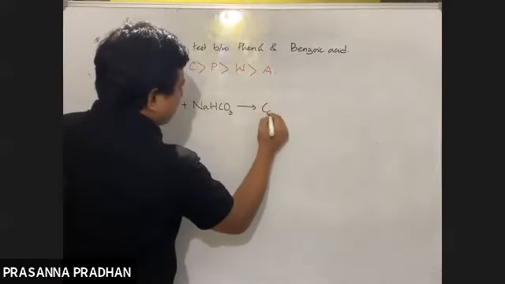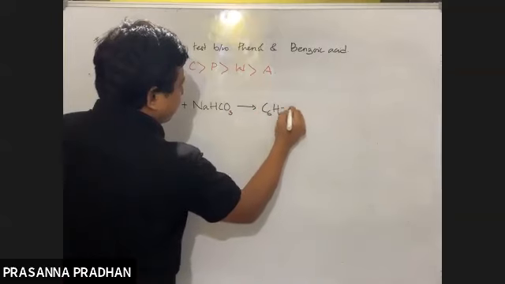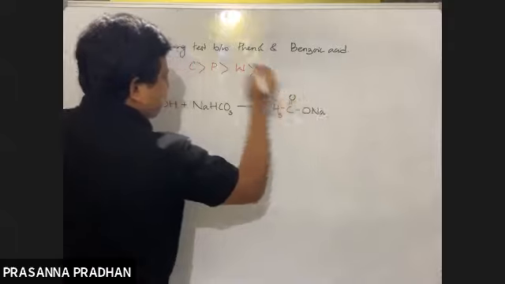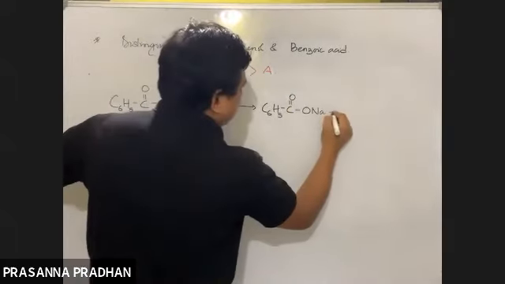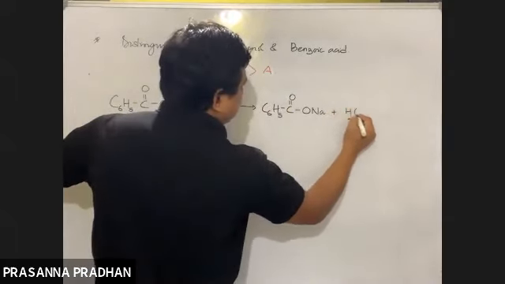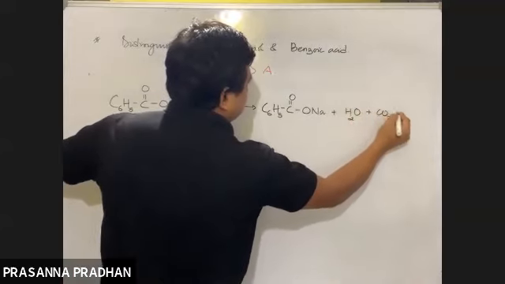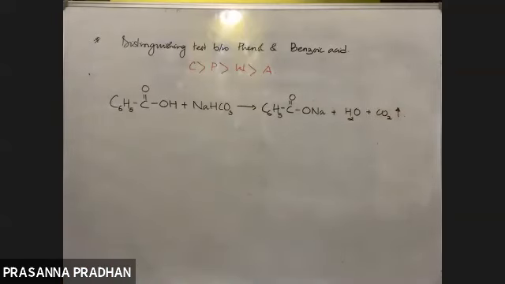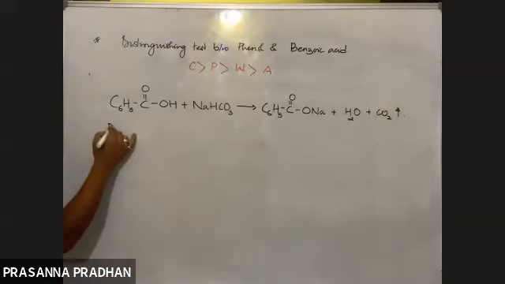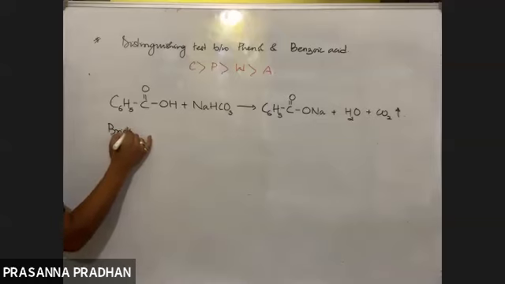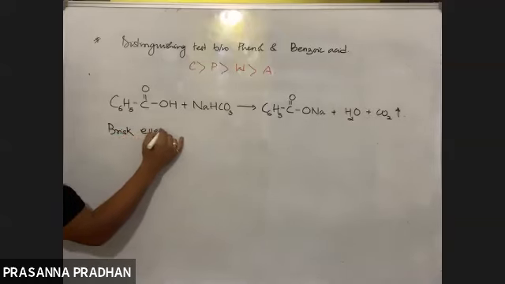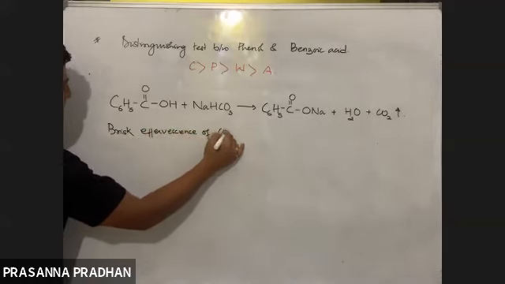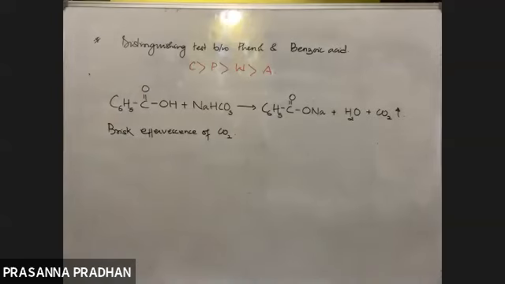So what is the salt out here? C6H5COONa. Now, what is the concept of salt? The acidic hydrogen is replaced by metal. Sodium benzoate, the salt, we get water, and we get carbon dioxide out here. Here you'll notice brisk effervescence of carbon dioxide, or carbon dioxide gas is evolved.